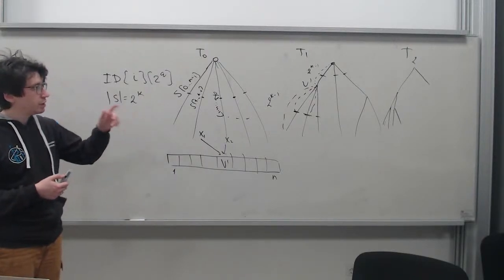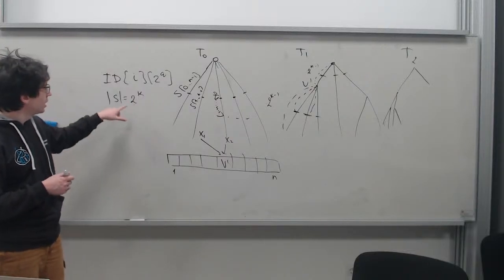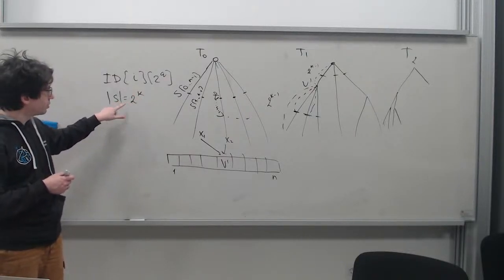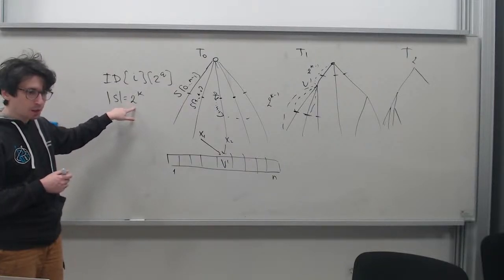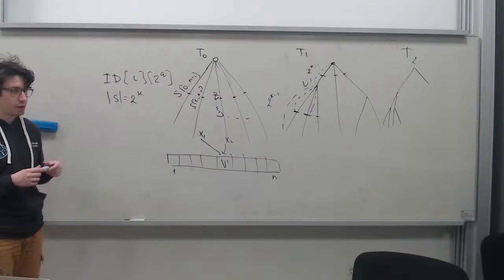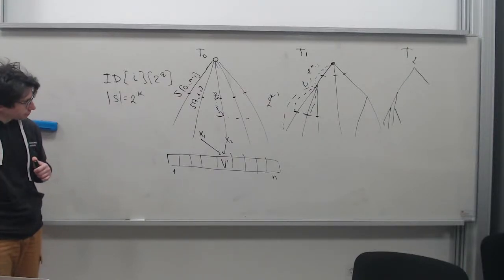We build these trees, so we will have k trees, because the size of the string is 2 to the power of k. Then we will have k trees, and then we are done. So we build this kind of data structure.